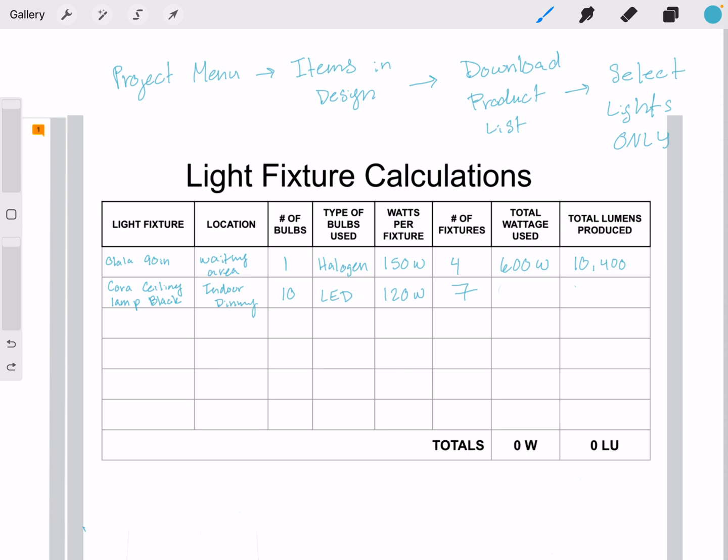Okay, then you have to figure out the number of light bulbs in your fixture. So for example, this first one that I'm looking at, it is a chandelier with one light bulb, but it's like a really big, round, kind of funky shape.